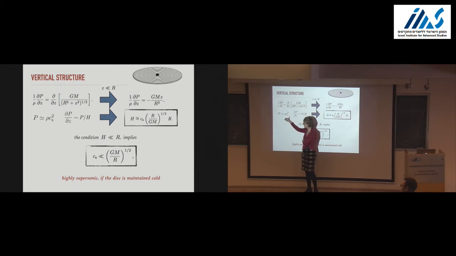What I was saying is that there is a prefactor here, gamma, it's a number. Wouldn't it be just P over rho, the isothermal sound speed by definition? Yeah, because gamma is equal to 1. Okay.